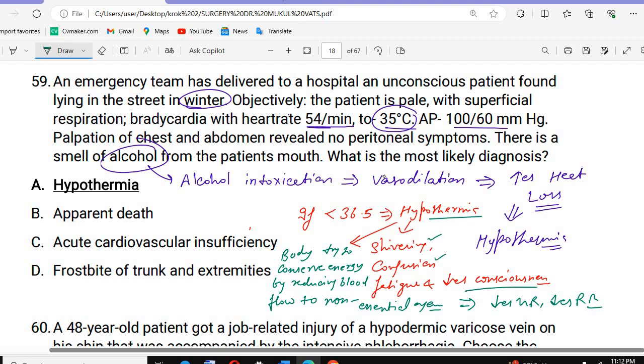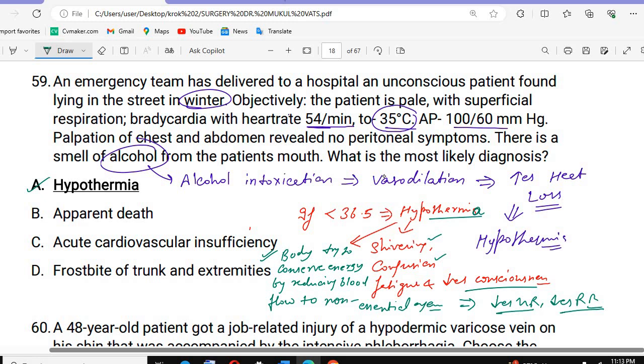The body will try to conserve energy by reducing the blood flow to non-essential organs like the skin and muscles, then to the heart, then to the lungs, because the main thing the body wants is that the brain supply should not be reduced. That's why in the end we see a decrease in the heart rate and the respiratory rate. So that is the hypothermia condition.